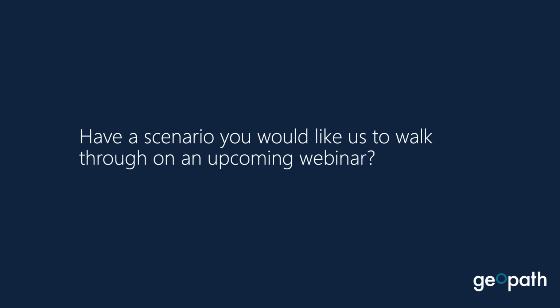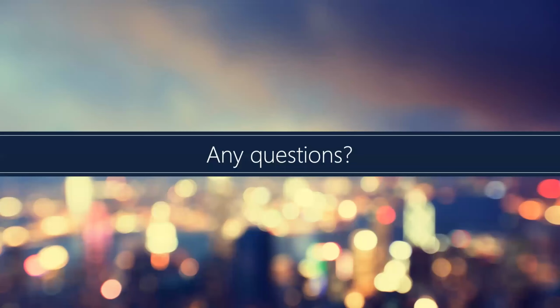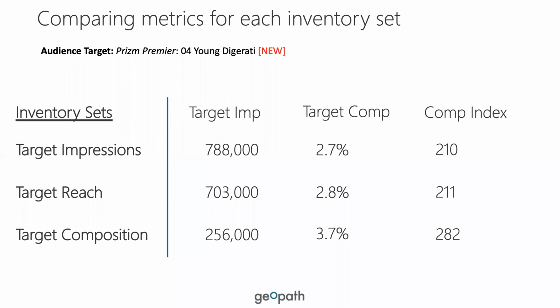This one says, with larger population markets like New York, do TRPs matter less? That is an interesting question. I think that still comes down to, at least from what I've seen, and maybe I'm not necessarily having conversations directly with the clients on these, but I do feel like that is a client preference.